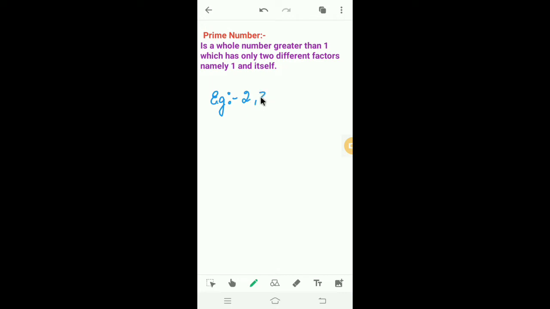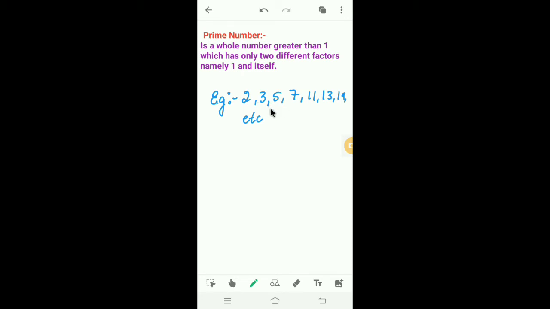2, 3, 5, 7, 11, 13, 19, etc. Here you can say 2 is a prime number because 2 has only two different factors, namely 1 and itself. 3 also has two different factors, 3 and 1. 5 also.